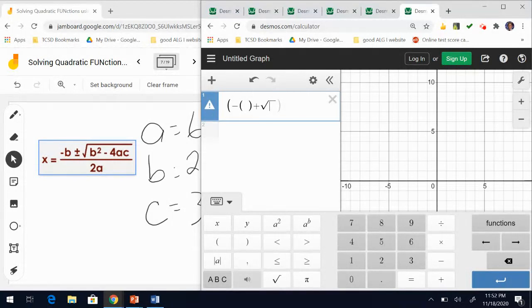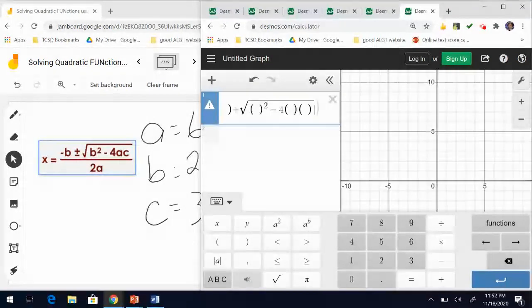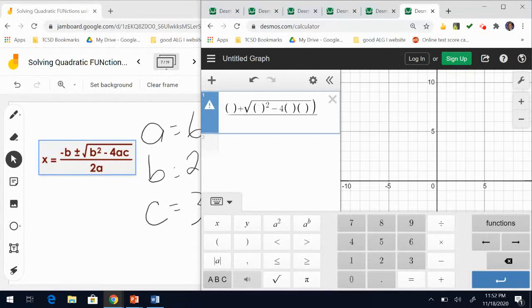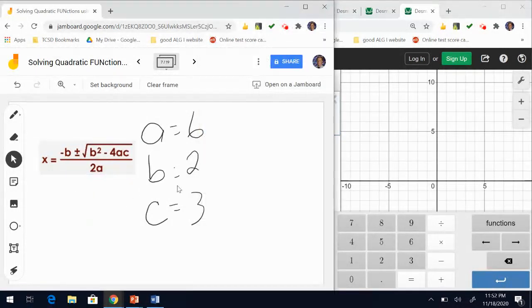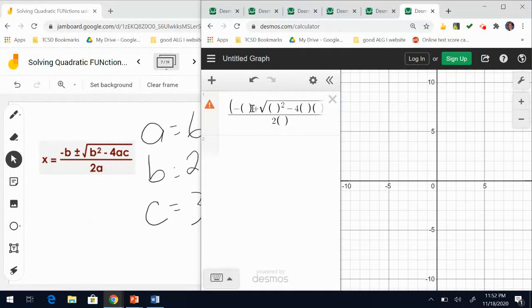So now it's parenthesis, parenthesis, squared, minus 4a, c, divided by 2a.